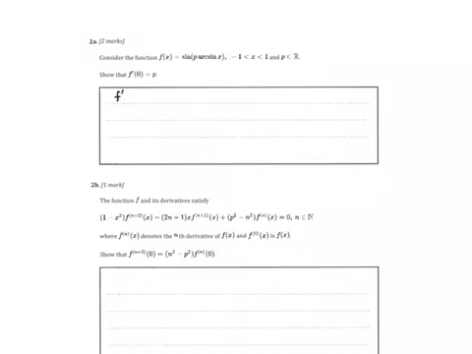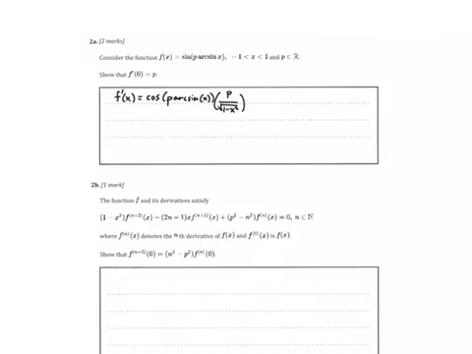So the derivative of f of x will equal, using the chain rule, cosine of p arc sine of x multiplied by the derivative of p arc sine of x, which will be p over the square root of 1 minus x squared.